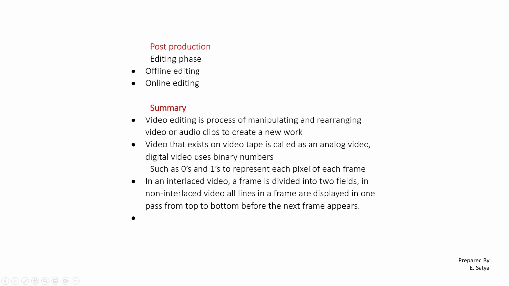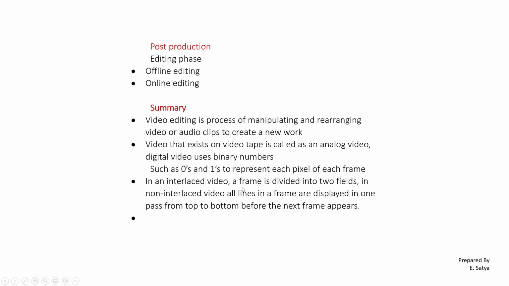A video that exists on videotape is called an analog video. Digital video uses binary numbers, zeros and ones, to represent each pixel of each frame.